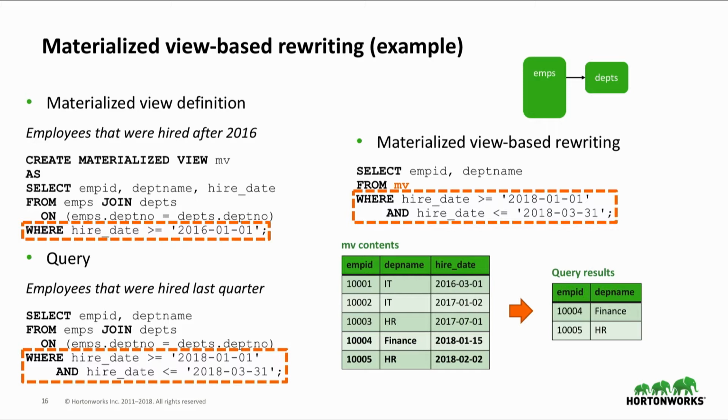It will be scanned on the materialized view, then it will add some filter, and that's how you will get the results. If you look at the sample data, you will basically filter the contents of the view to get the query results. Okay, so that's a simple example, but you can see already how these filters and the containment can be interesting, and it can be exploited.